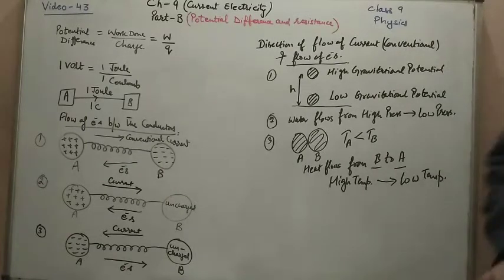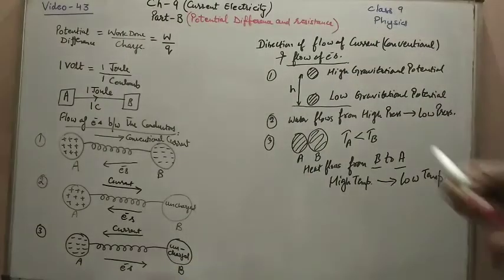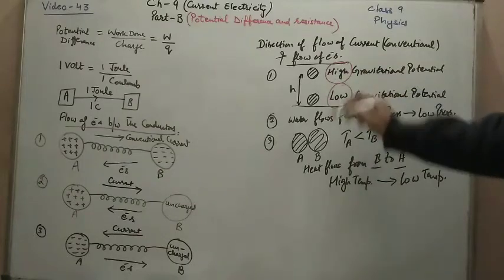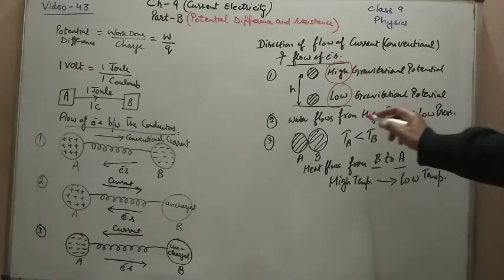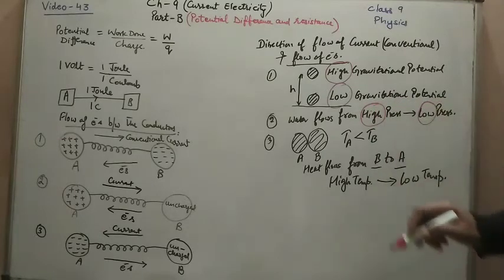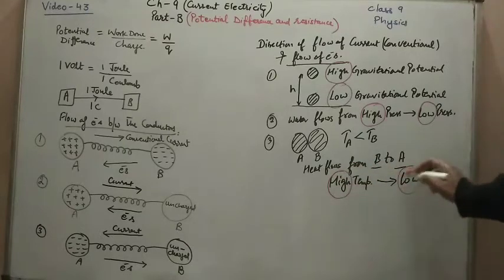So there is one common thing which we observe: a body moves from high to low. Here also the water is flowing from high pressure to low pressure. And third, heat also flows from high to low temperature.